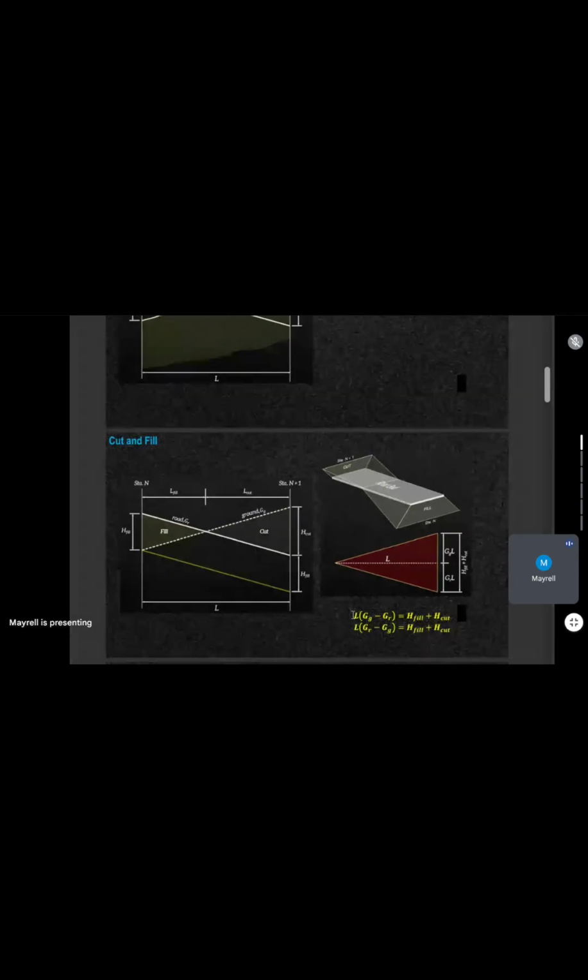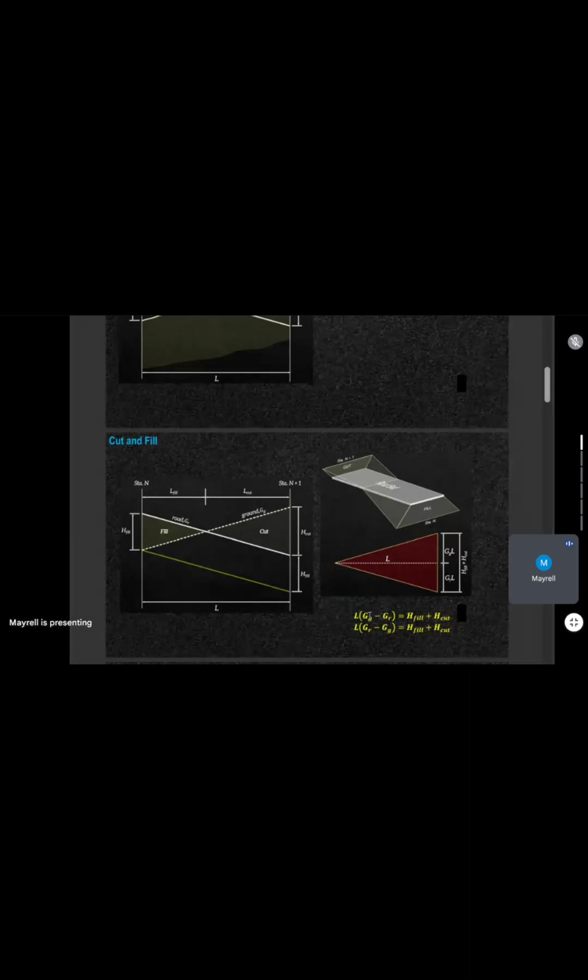So you have a formula here: L times grade of ground minus grade of road equals height fill minus height cut. Or L times grade of road minus grade of ground equals H fill plus H cut. Since there are two, what you're going to do is whichever is positive between the grade of ground and grade of road goes first.